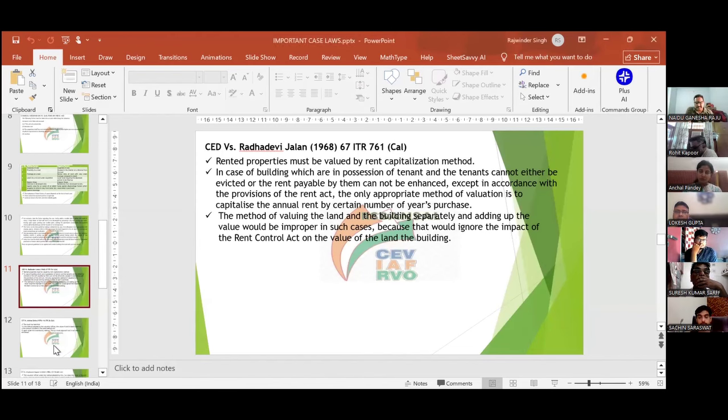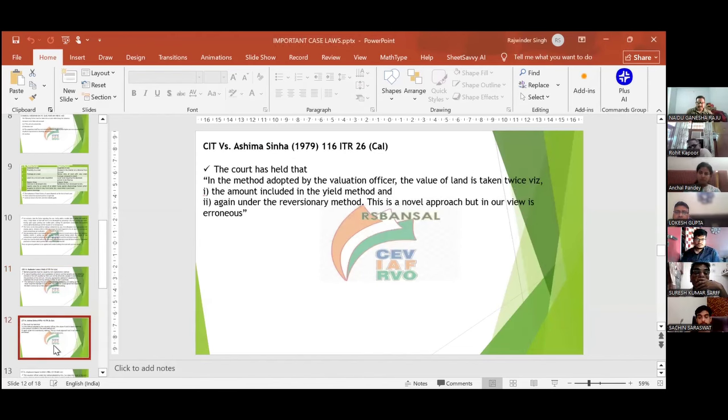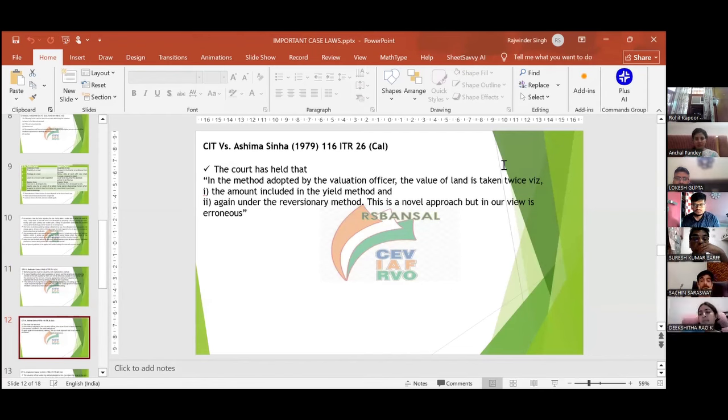Next case law is CIT versus Ashima Sina. This court case law says that the valuation officer took the valuation of land twice, which the amount included in the yield method and again under the reversionary method.